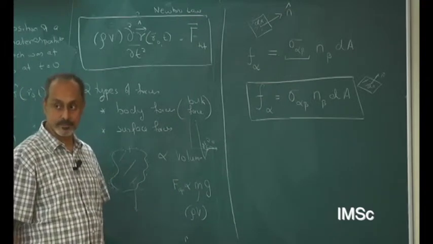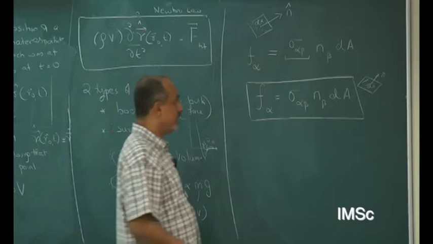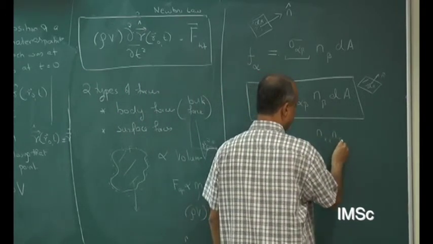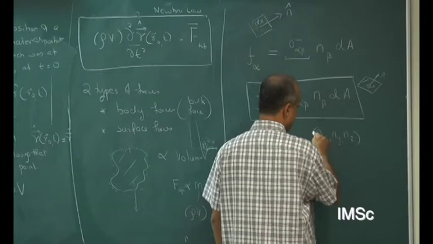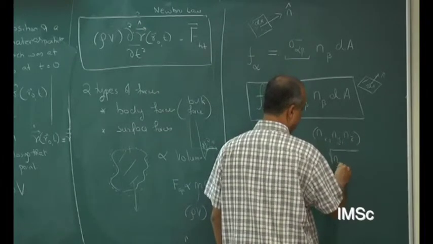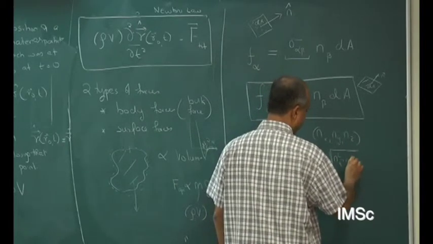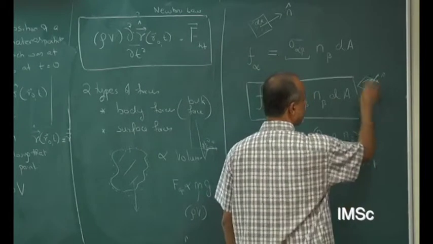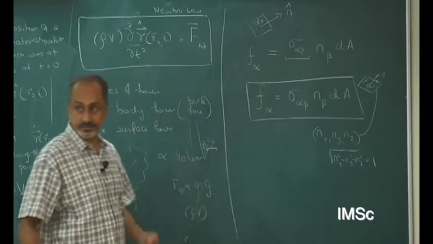What was n beta? n beta are the three components nx, ny, nz with the condition that nx squared plus ny squared plus nz squared equals 1. These are the components of the normal to the surface.